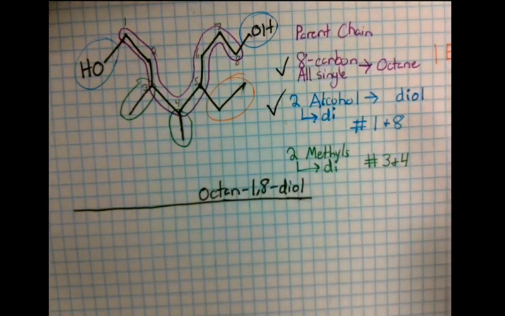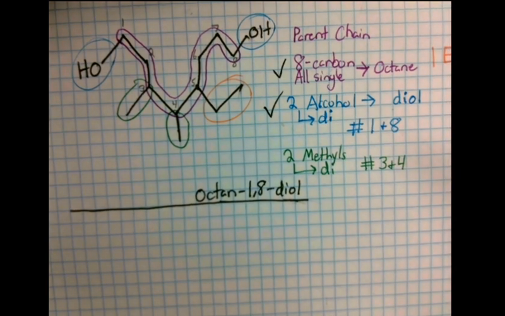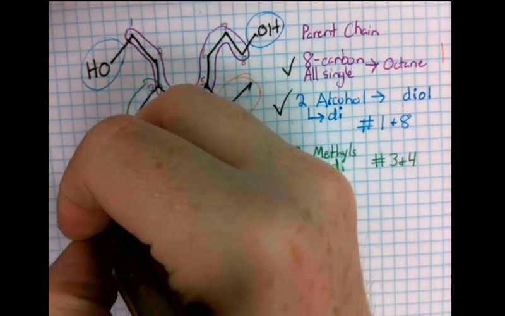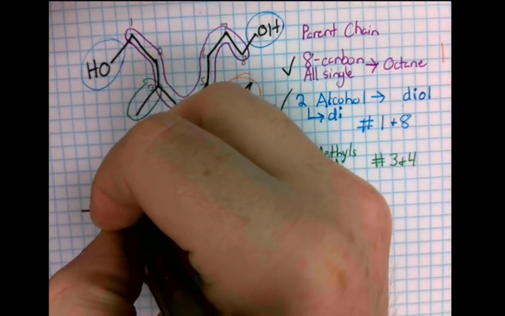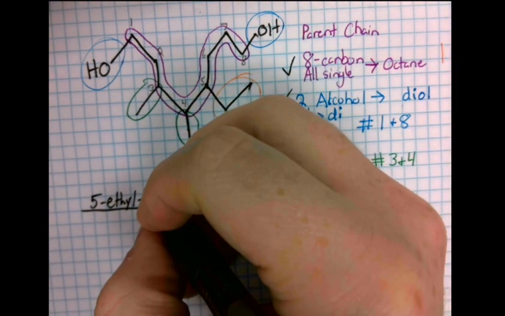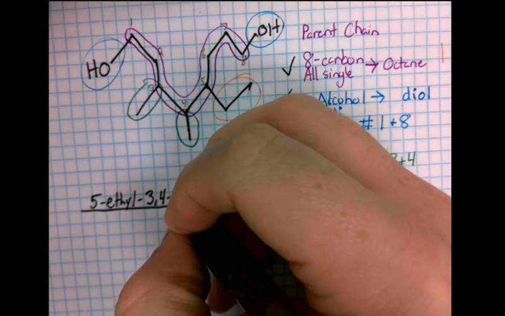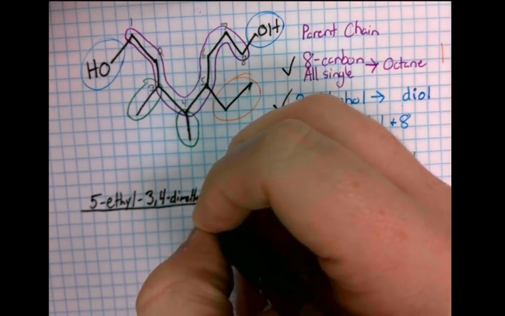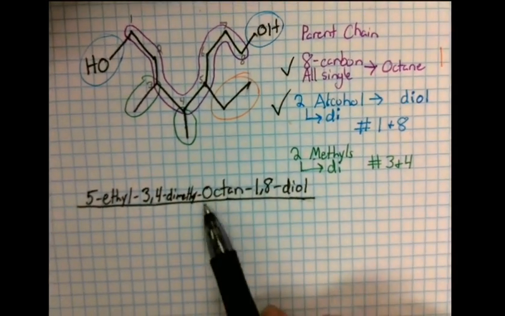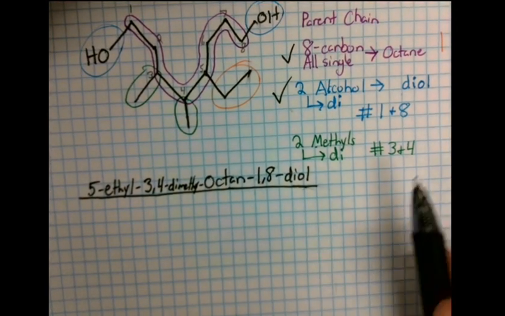And then for the other two, we need to list them in alphabetical order. So E for ethyl comes before M for methyl. So we're going to start over here with a 5-ethyl, dash, 3,4-dimethyl. Now, normally there wouldn't be this dash there, so you may also just want to rewrite it.